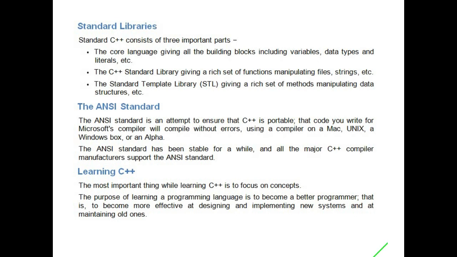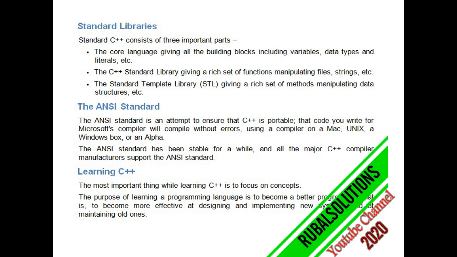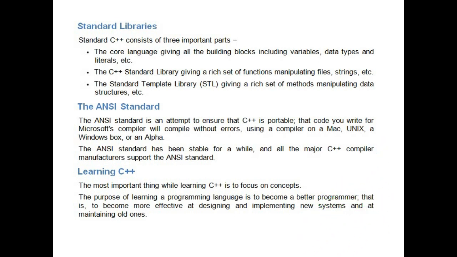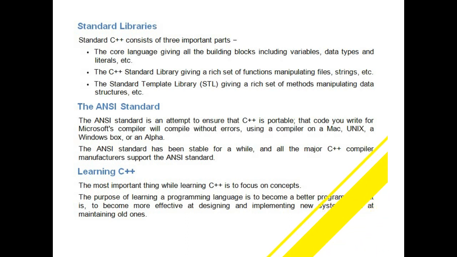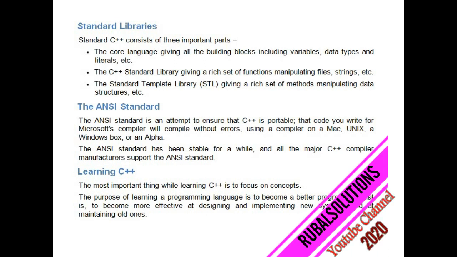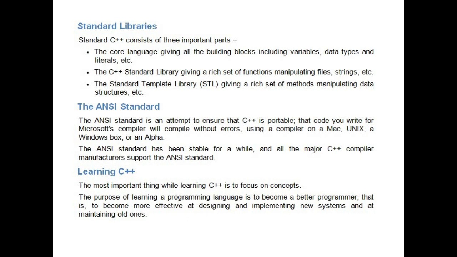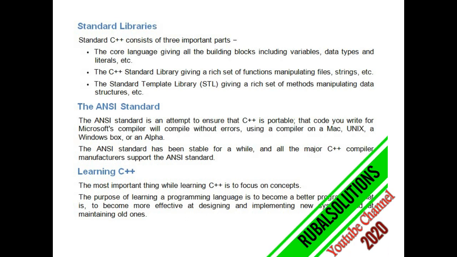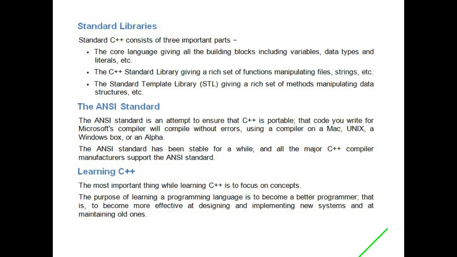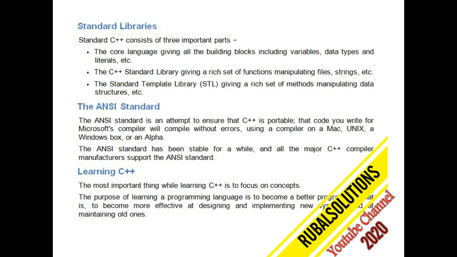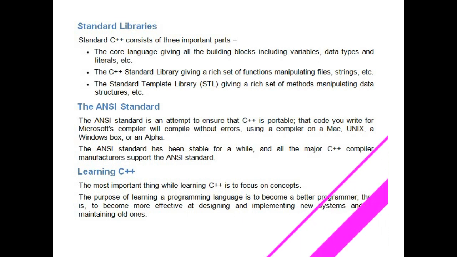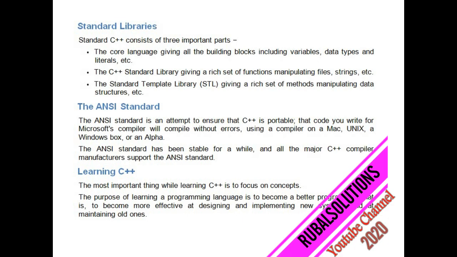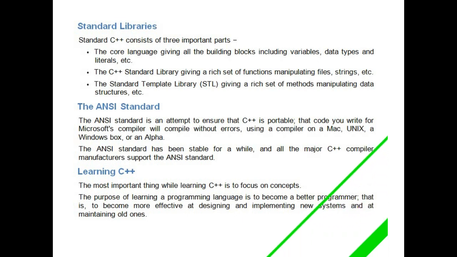The ANSI standard. The ANSI standard is an attempt to ensure that C++ is portable. The code you write for the Microsoft compiler will compile without error using a compiler on a Mac, Unix, a Windows box or an Alpha. मतलब क्या, जो भी कोड आप लिखोगे वो पोर्टेबल होगा, चाहे वो मैक में चलाया जाए, चाहे वो यूनिक्स में चलाया जाए, चाहे वो विंडोज बॉक्स में चलाया जाए या अल्फा में.